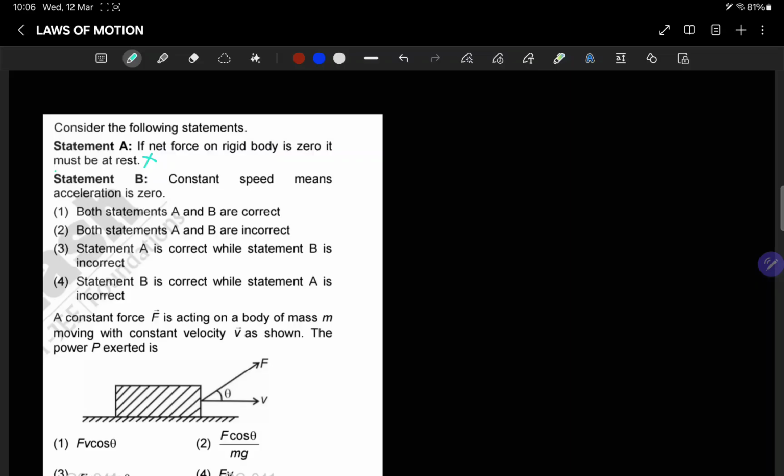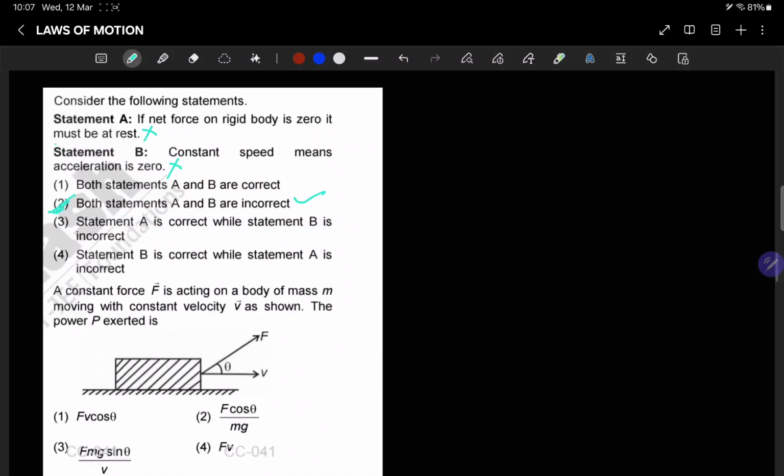Constant speed means acceleration is 0, but acceleration 0 may also mean rest. So that statement is also wrong, students. Acceleration 0 does not always mean constant speed; it may be rest also. So both statements are incorrect, students. I told you these are theory questions, deciding questions for NEET students and KSET and MSET students.